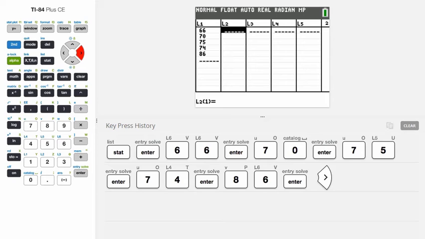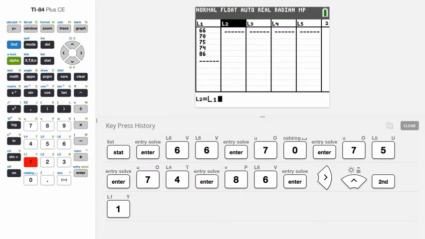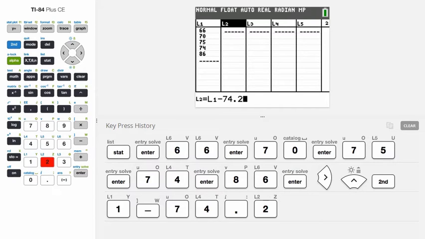Arrow over to L2, highlight L2, and what we want to do now is to take our data points and subtract the mean, which is 74.2. Our data is in L1. Second, 1 types in L1 minus 74.2, enter, and now we have each data point with the mean subtracted.